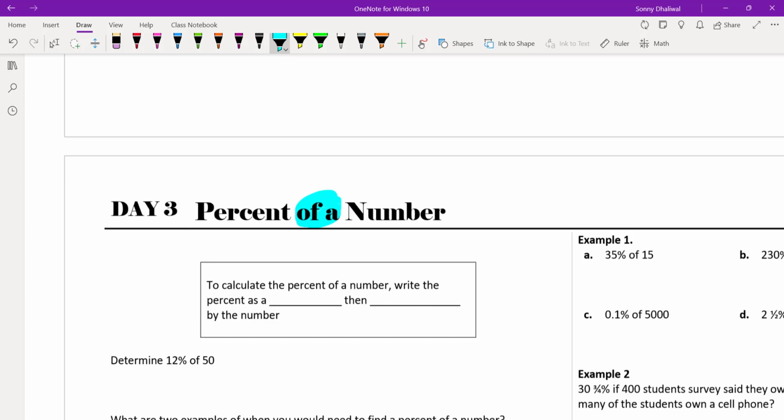Somebody said it. I heard it over here. It is times. So the word of, whenever you see it in a word problem, means times. So you take your percentage of what we're trying to figure out and just multiply. So you find a percentage of a number.